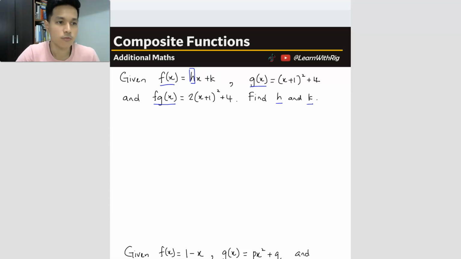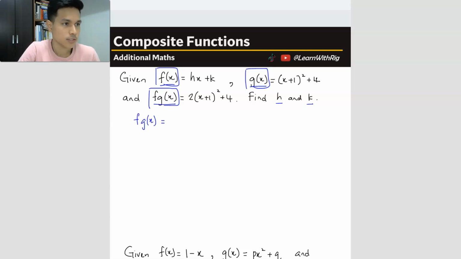They want you to find the value of h and k. So in this case, what are you going to do? Since you have the composite function here, you can use the two individual functions, combine them to become the composite function similar to this, and then you compare. So we'll do that together. Since you have fg, we are going to do fg.